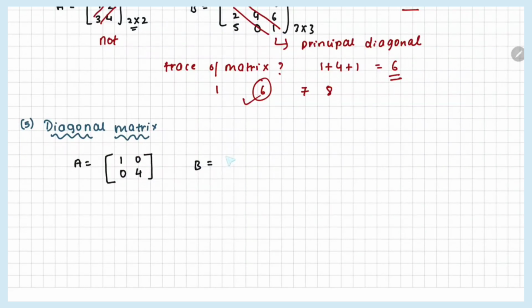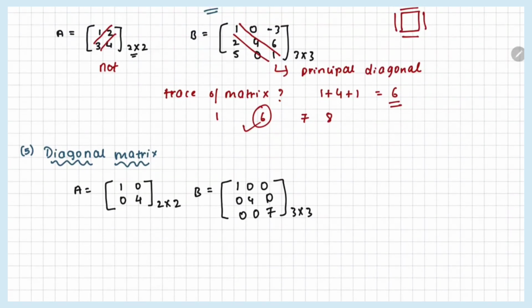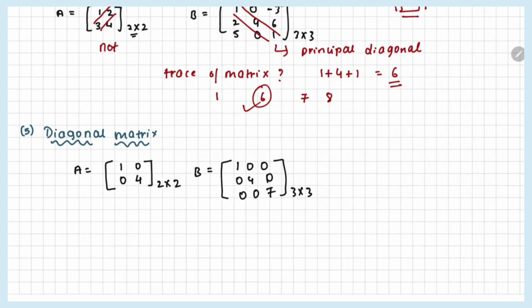B is equal to 1 0 0, 0 4 1 0, and 0 0 7. So the orders are 2 by 2 and 3 by 3. As I told you, the diagonal should start from the left and end at the right. Here, can you identify the diagonal matrix?